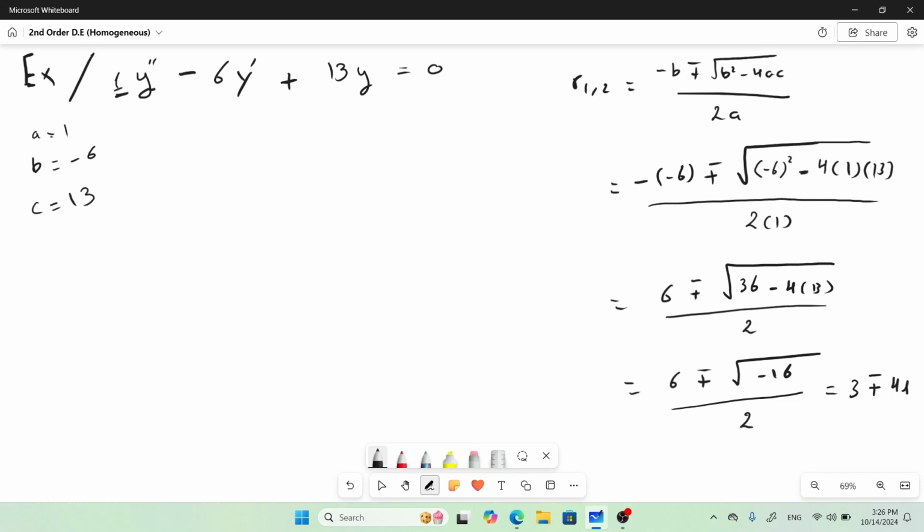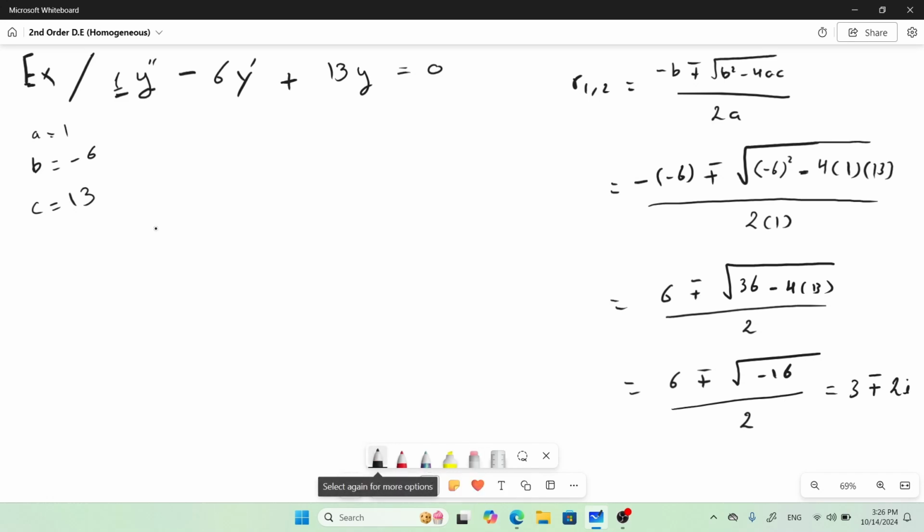Sorry, that's wrong. It would give us 2i because the square root of negative 16 is 4i, and if we divide it by 2 it is 2i. So we have 3 plus or minus 2i.